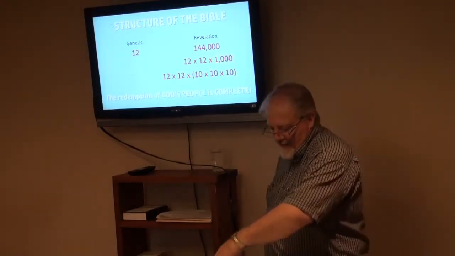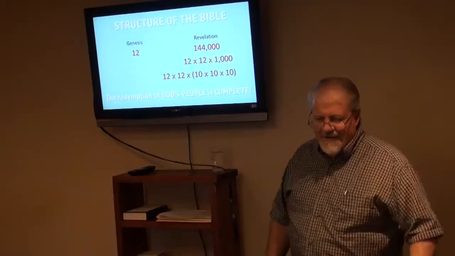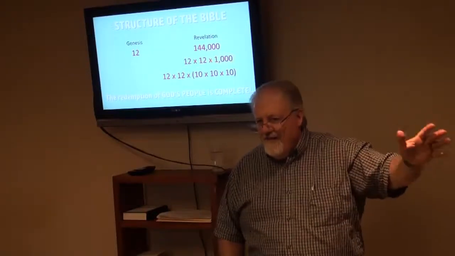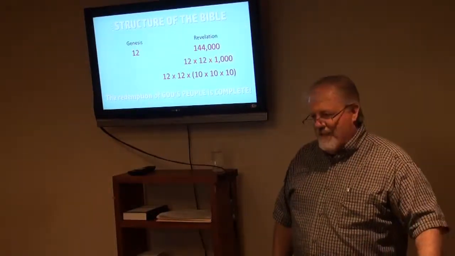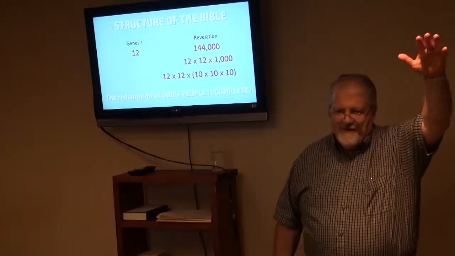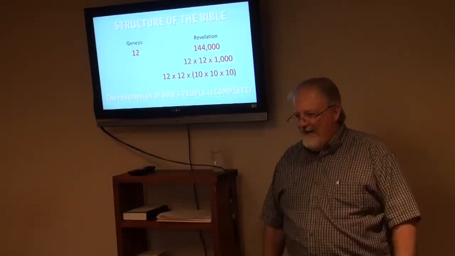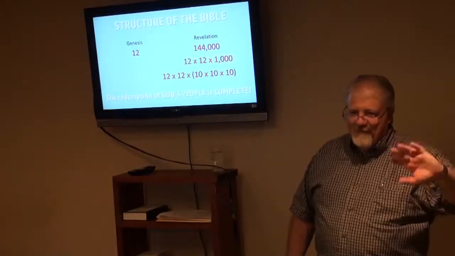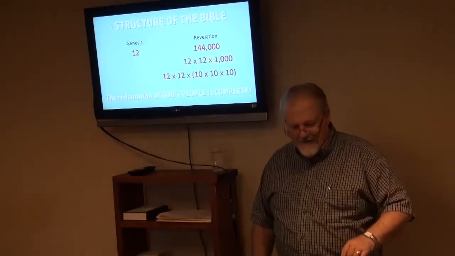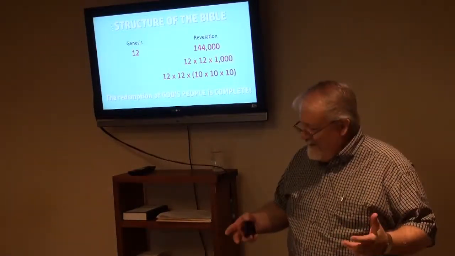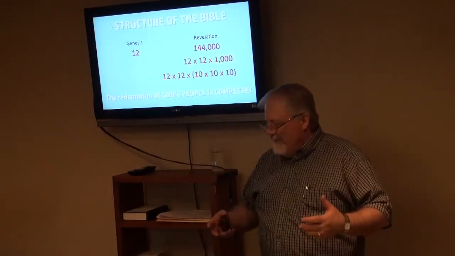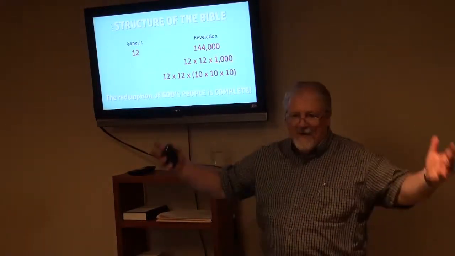The redemption of God's people is complete, is what it's saying. It's not talking about a literal number. 144,000 is hardly a description of Abraham's promise: your descendants will be the number of the stars in the sky. 144,000, that doesn't fit at all. The JWs really got this all wrong, don't they? Anyway, it's talking about the redemption of God's people being complete.